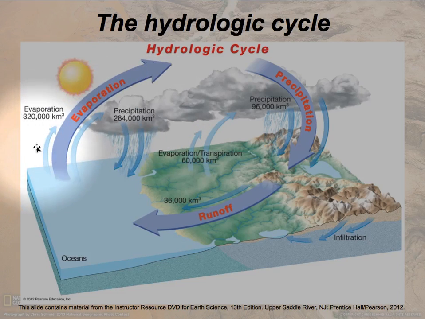But it does show that evaporation from oceans to atmosphere is much greater than evaporation and transpiration combined from the land surface, which is only 60,000 cubic kilometers. You get a sense that precipitation from atmosphere to land, at 96,000 cubic kilometers, is much smaller than precipitation from atmosphere to the ocean, which is almost 3 times that at 284,000 cubic kilometers.